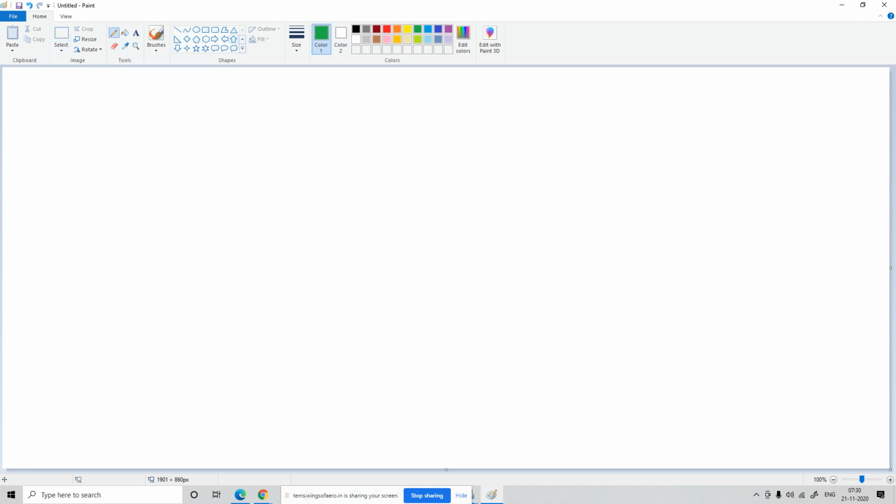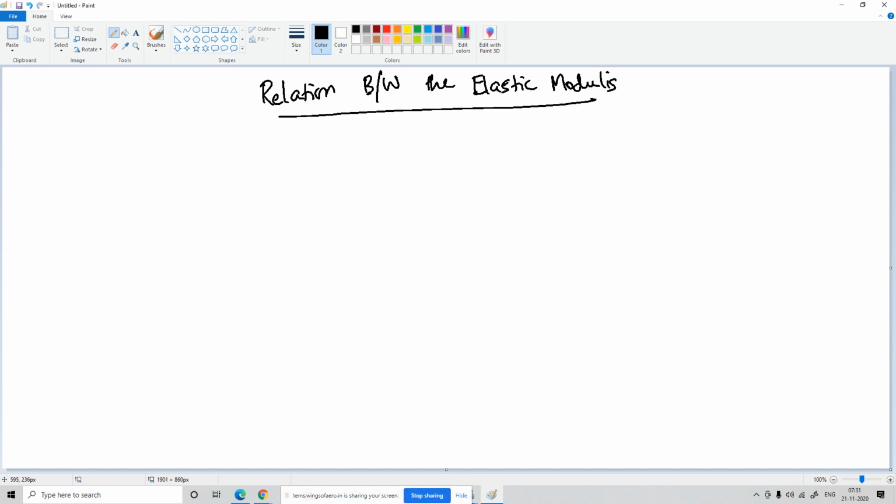I hope you can see my screen. We are going to see the relation between E, G and K. E is the Young's modulus, G is the rigidity modulus, and K is the bulk modulus.